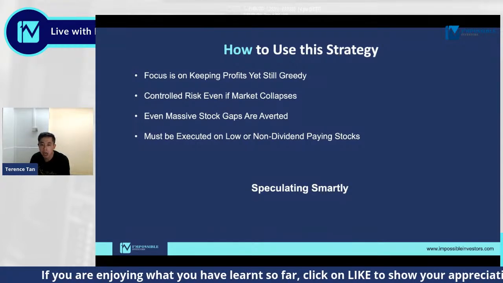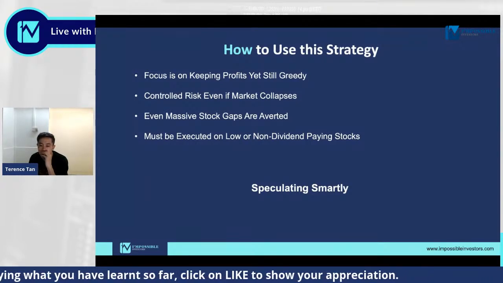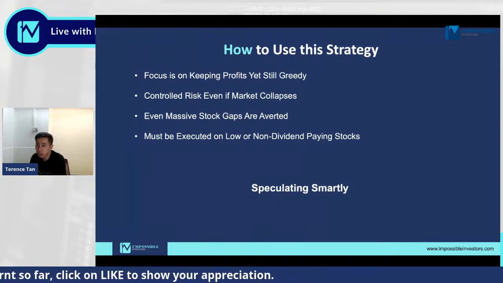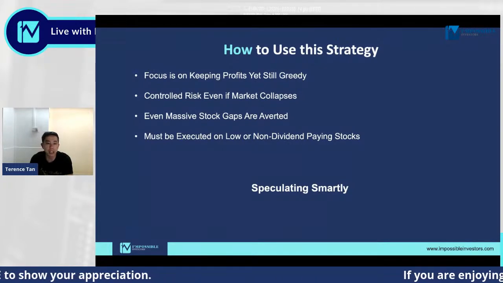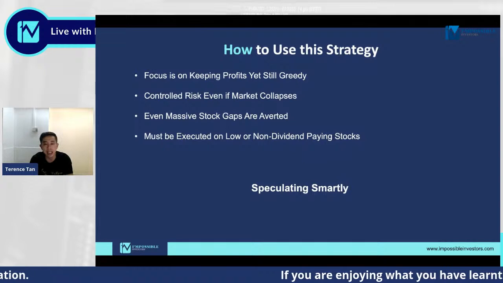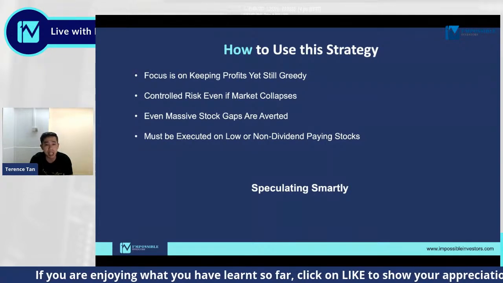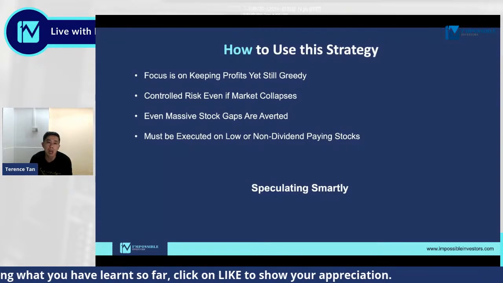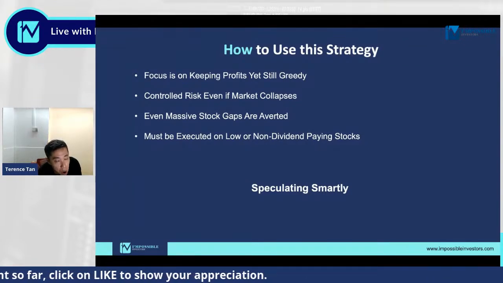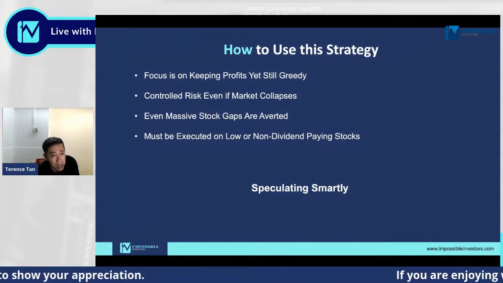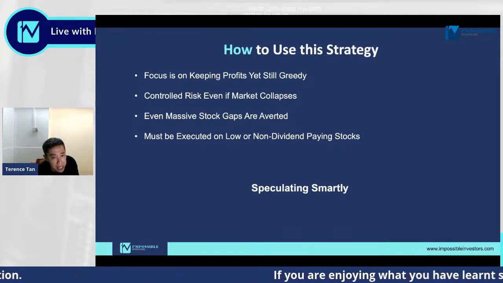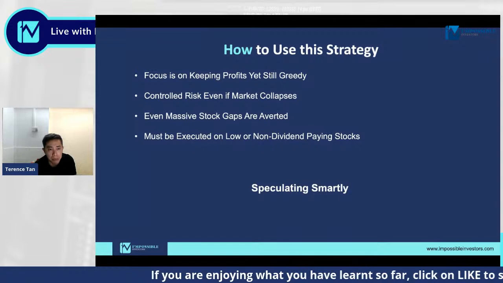Now, this should be executed on what we call low or non-dividend paying stocks. Maybe you bought a dividend stock, but you realize that the dividend payment was really low, or when you bought the stock, the dividend return it gave was actually very low. So it makes no sense for you to continue holding it anyway, if you have such a big profit that you made in only a short span of 2 to 3 months.